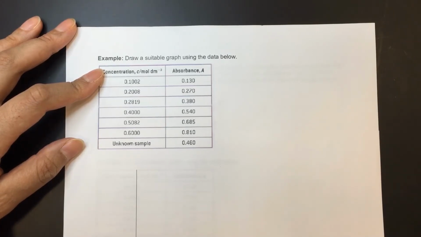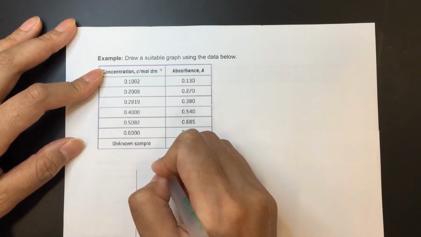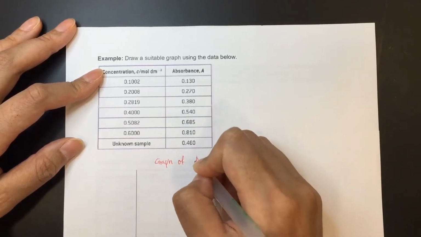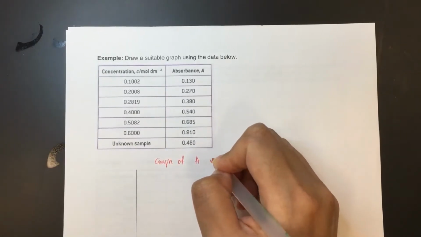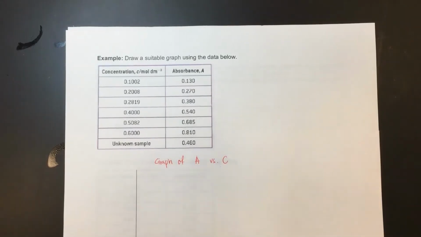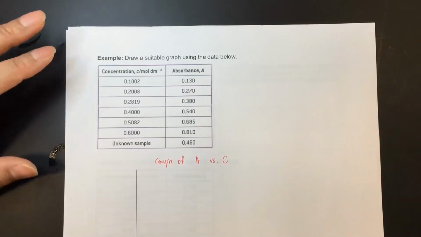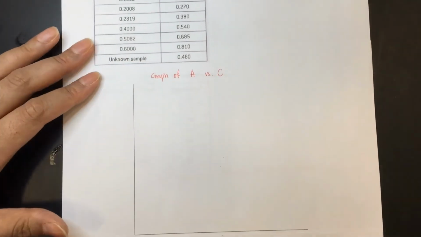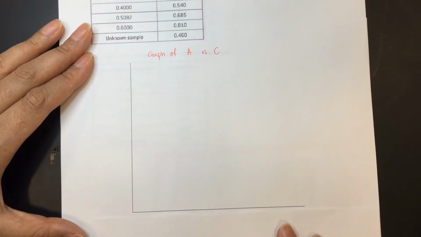So we can label the graph as graph of absorbance versus the concentration. After we are done with this, we are going to label the x and y axes.